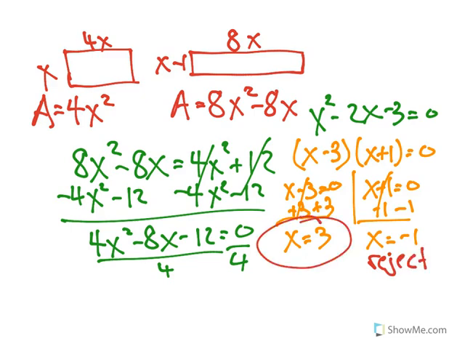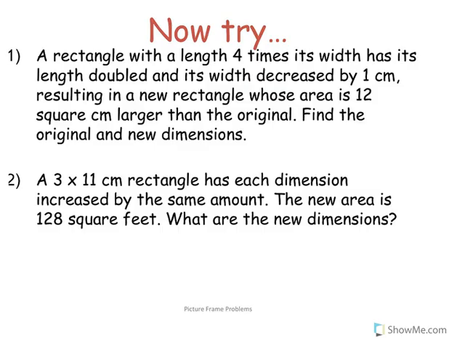And that's when I think I could leave you guys. Those of you that are doing it, we can go back and check it on our own. Let's take a look at the second one. It says a 3 by 11 is increased by the same amount. Now I gave you an easy one. It says the new area is 128. Not 128 greater, just 128. So I'm going to draw my 3 by 11.